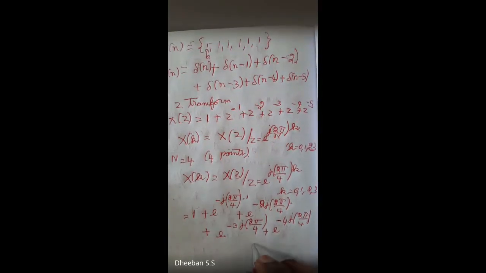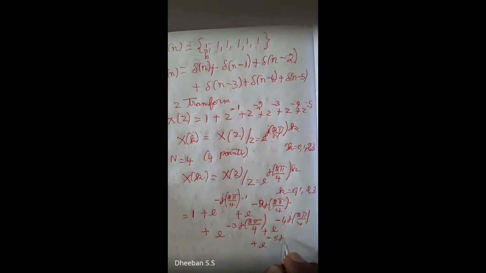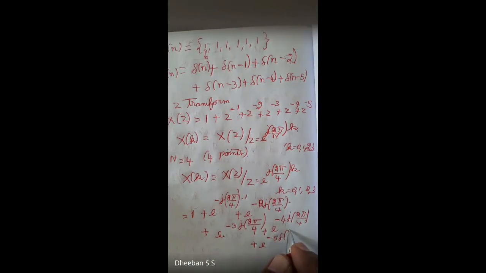Then again plus e to the power minus 5j 2 pi by 4.